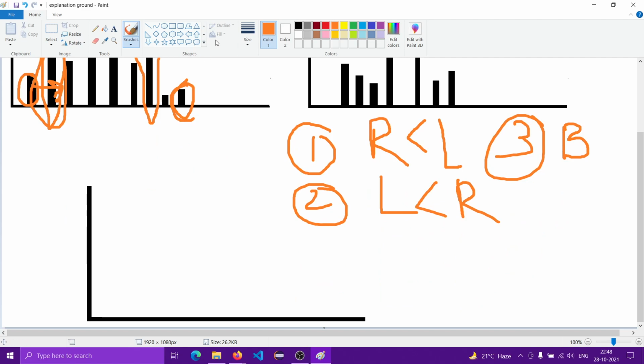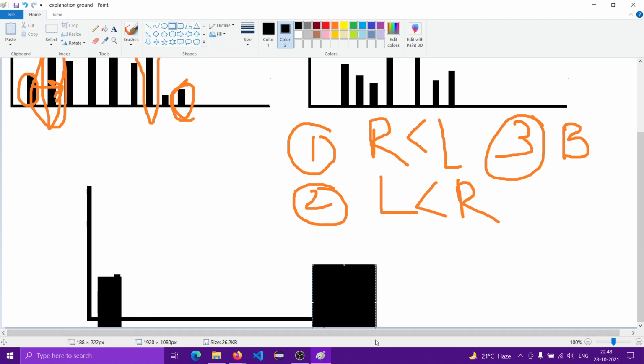I'll explain. Just let me draw some rectangles. So for example, let there be something on this side. We are not considering that. So there are some things on the left and some things on the right. We do not know.